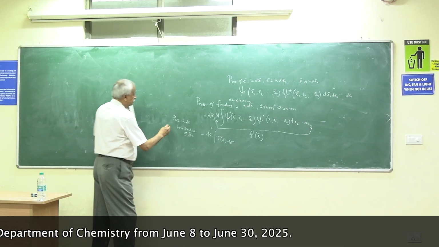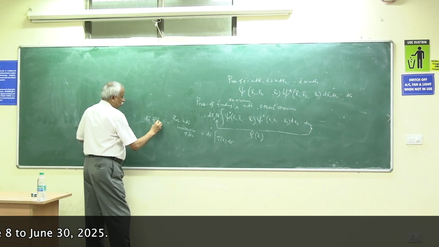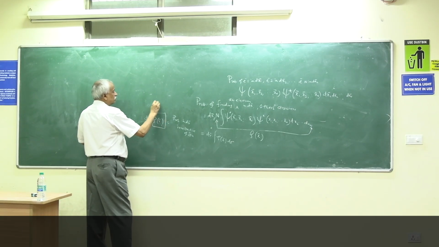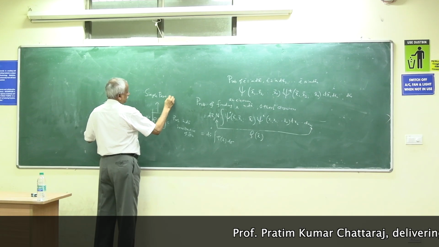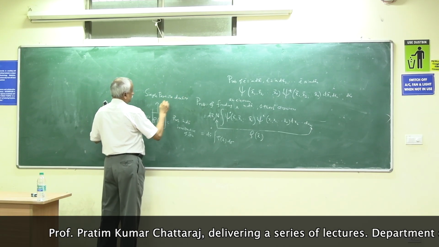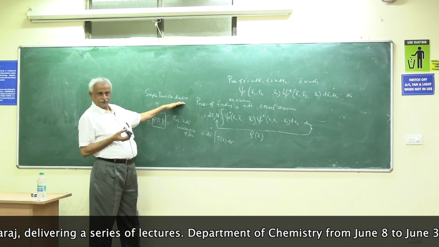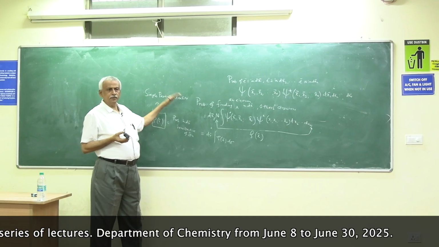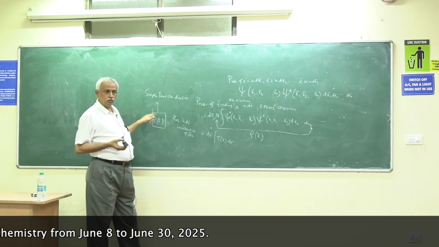And this one we will write as dr rho r. This we will call single particle density. Sometimes we call it spinless single particle density, but generally if you don't mention anything, we mean this one, rho of r.